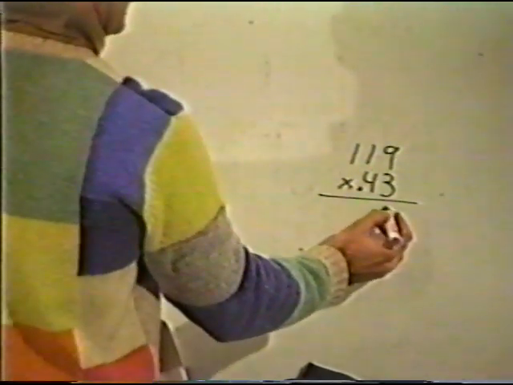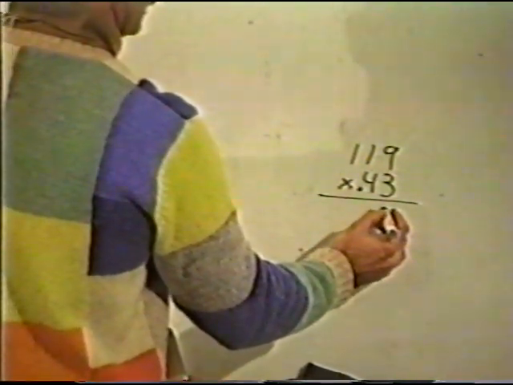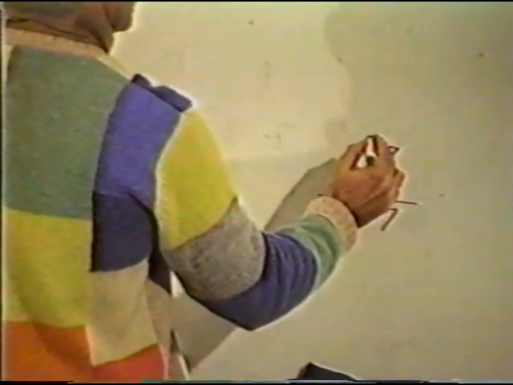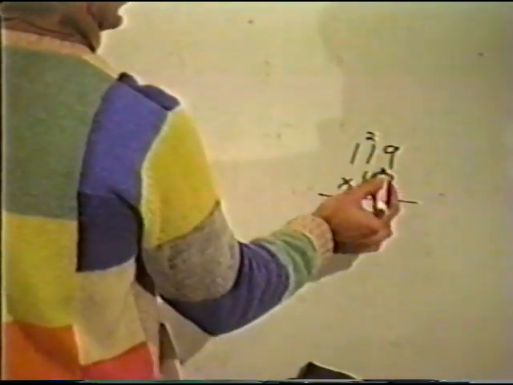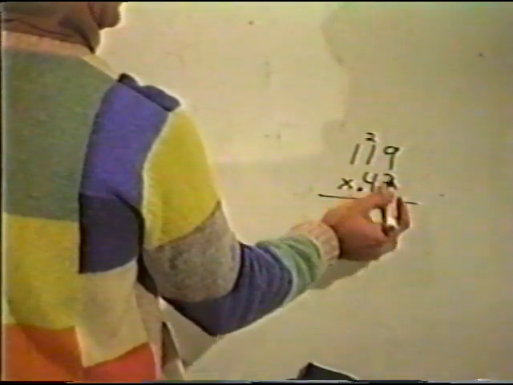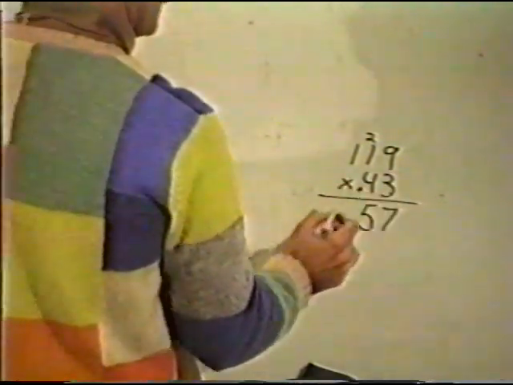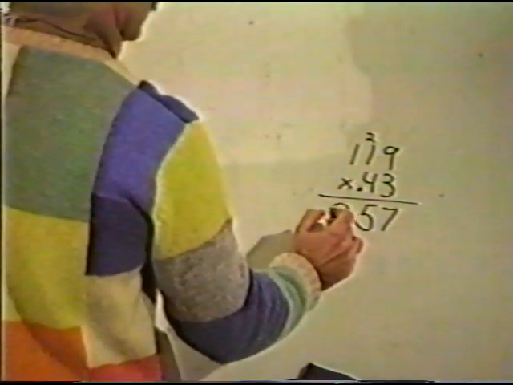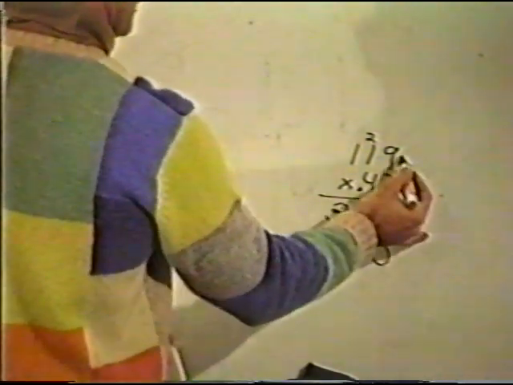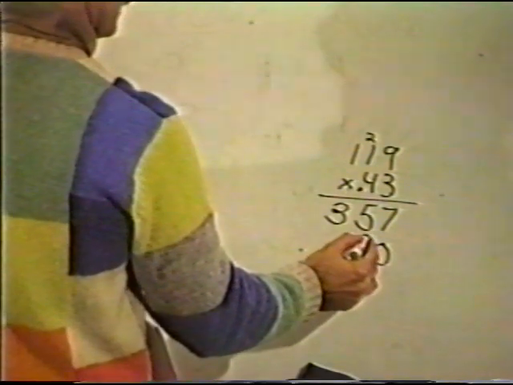9 times 3, 27. Put down the 7, carry the 2. 1 times 3, 3, plus 2, 5. 1 times 3, 3. 9 times 4, 36.